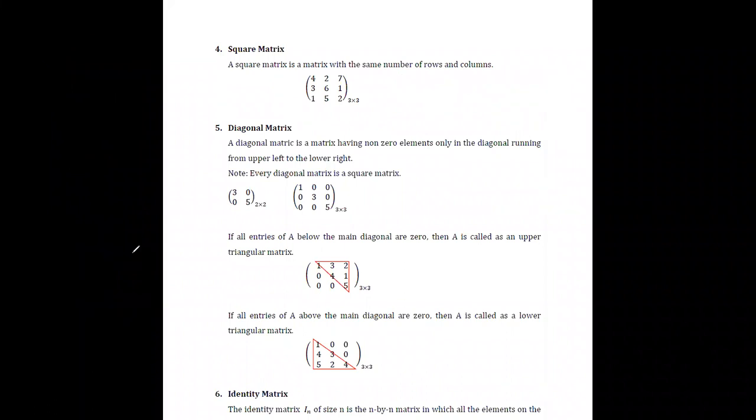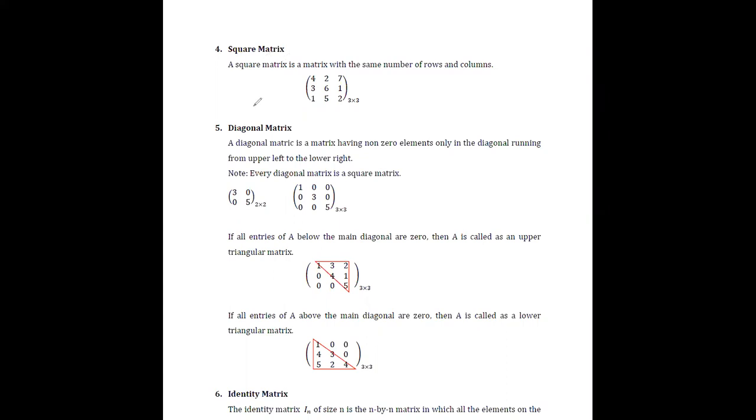The next type of matrices that we are going to discuss today is the diagonal matrices. A diagonal matrix is a matrix having non-zero elements only on the diagonal running from the upper left to the lower right. The next important thing is that we define the diagonal matrix only for square matrices.